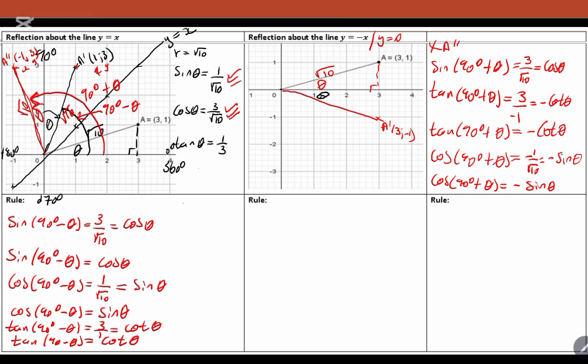Now, if we have this angle, we want to reflect this angle about the line y is equal to -x. Let us look at that line. The line y is equal to -x goes through this point.